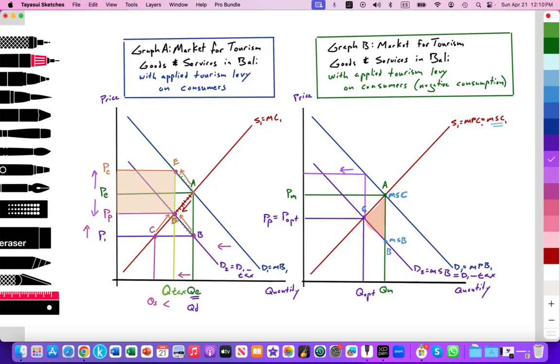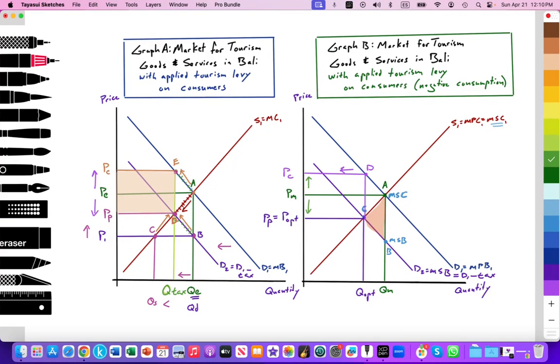And the price paid by the consumer is increased to PC. Okay, so here we can label perhaps another point, A, B, C, and D. And there we have our model of how a tax on the consumer shifts that demand curve in. It raises the price paid by the consumer from PM to PC.